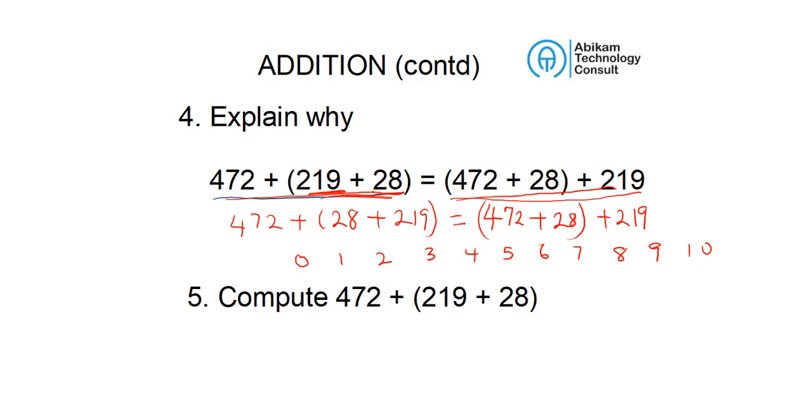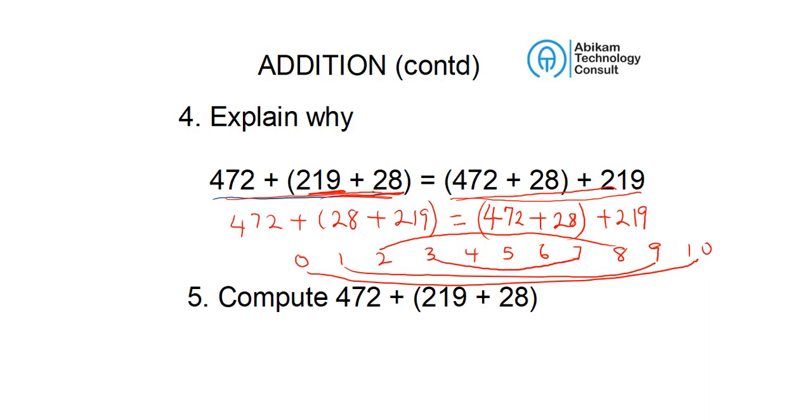All right, 0 plus 10 is 10. So 0 and 10 are a pair that will give us 10. 1 plus 9 will give us 10. So 1 and 9 are pairs of 10. 2 plus 8 will also give us 10. So 2 and 8, anytime you see them, they add up to give us 10. The same thing to 3 and 7, 4 and 6, 5 and 5. So that is our target.